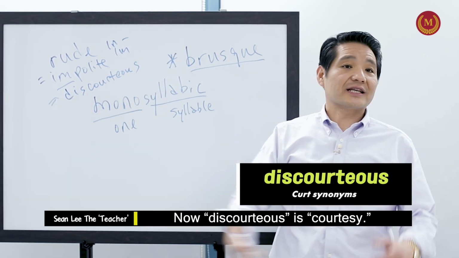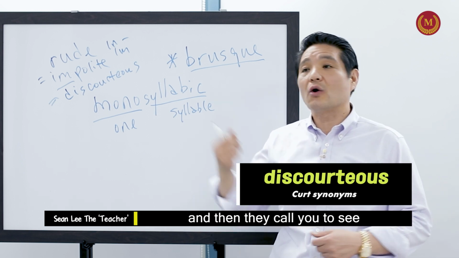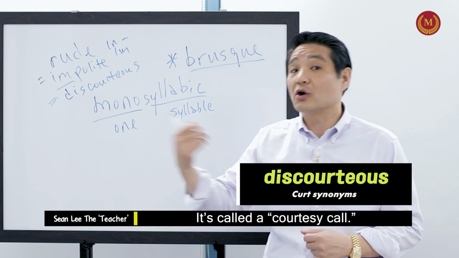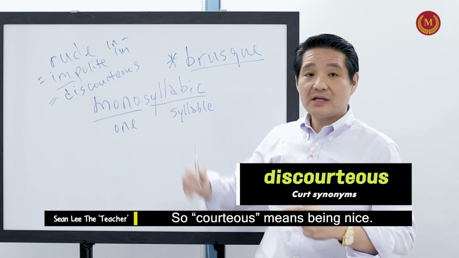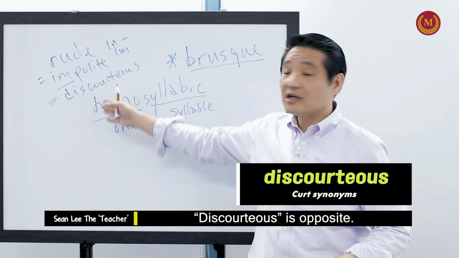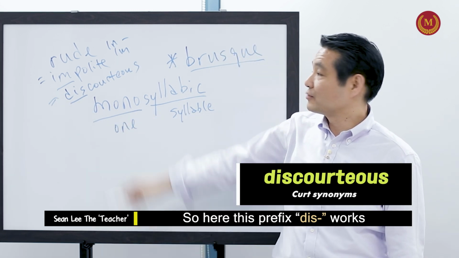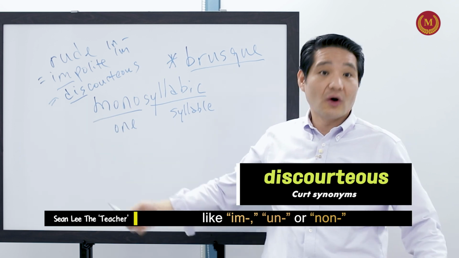Now, discourteous comes from courtesy. Let's say you bought something, and then they call you to see how much you like it. Is everything okay? It's called a courtesy call, right? So courteous is what? Showing good manners, right? They take care of you, and it's professionalism even. So courteous means being nice. Discourteous is the opposite. So here, this prefix works like im, or in, right? Un or non.